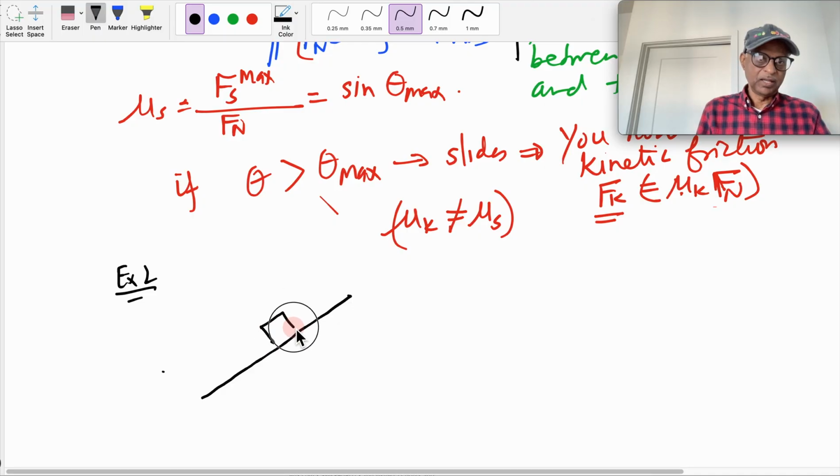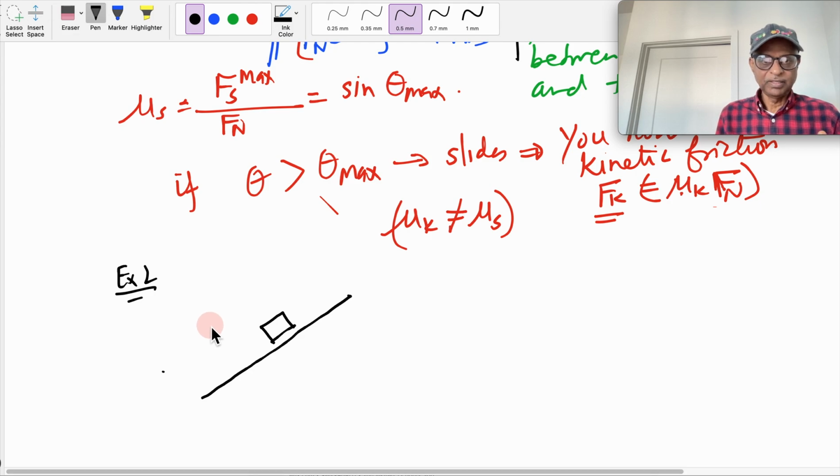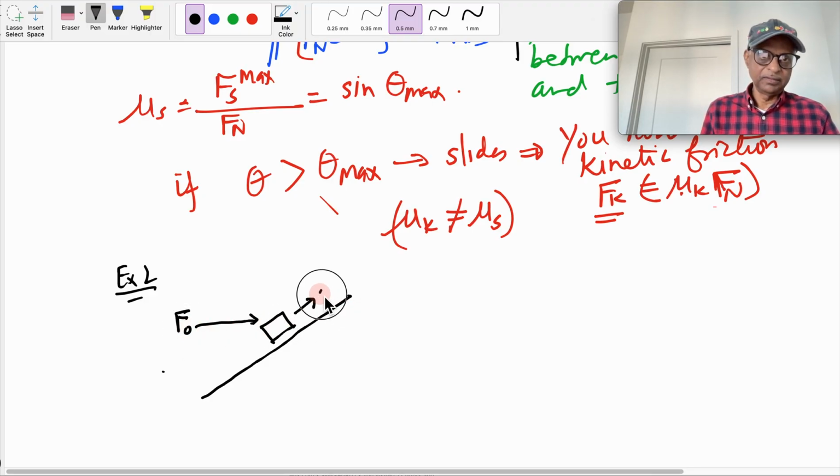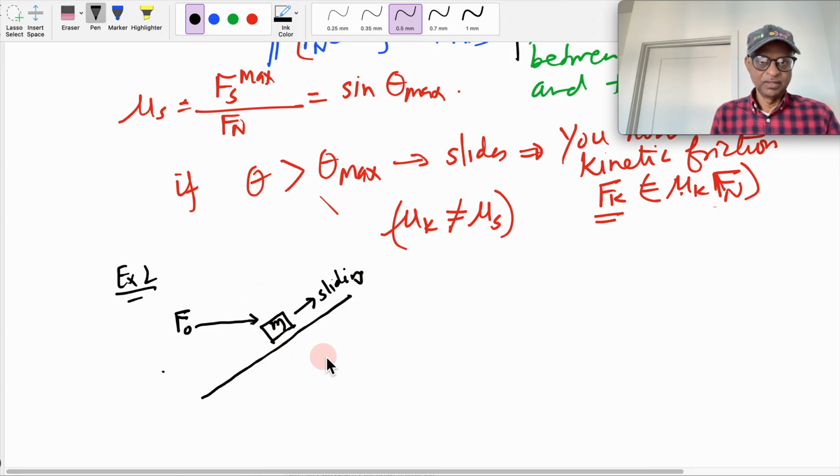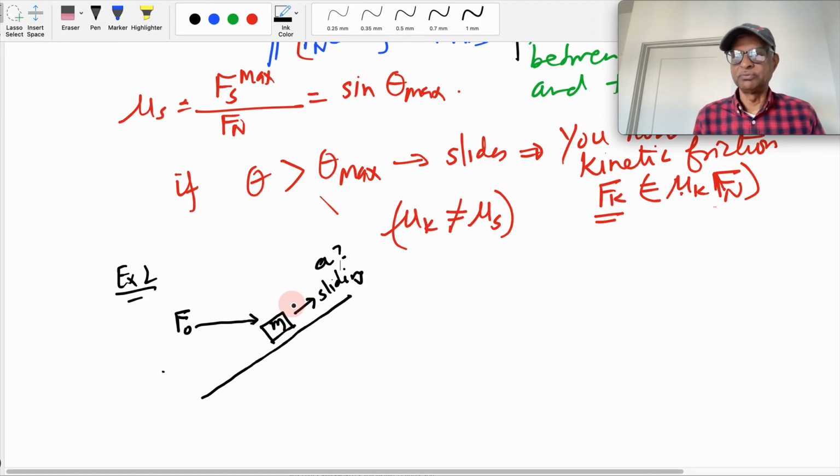Suppose I put a box, I put a force F0, and it's sliding upward, and the mass is m. So find the acceleration here, and find everything else you can find.